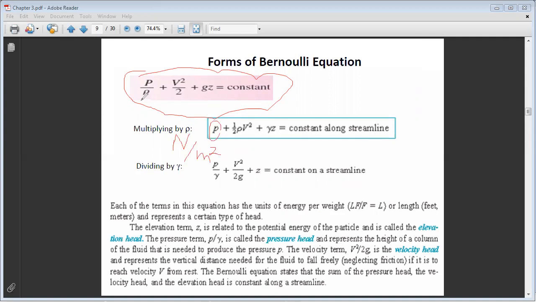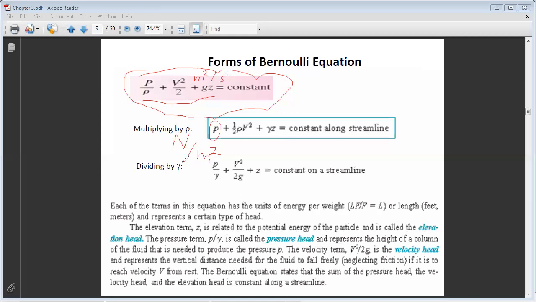Always pay attention that all of these terms should have the same units. So if I multiply by rho, I should multiply all terms. Here, when you put P over rho plus V square over 2 plus gz, all terms will have as units meter square per second square.